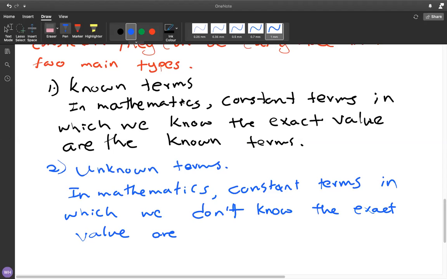If you want to change the color, you can change the color and write unknown terms. Right, I'll highlight it here. Known terms, unknown terms, you can highlight.